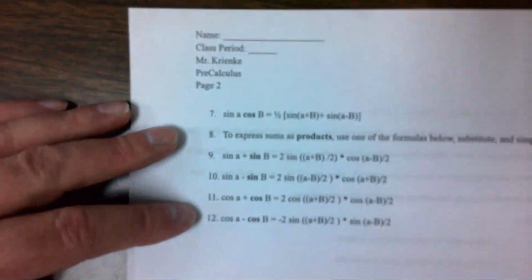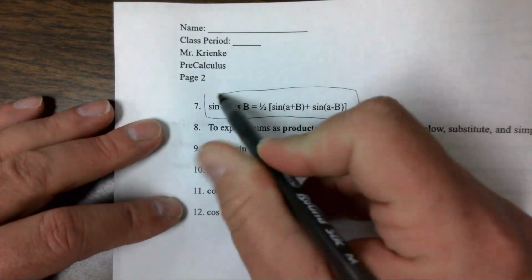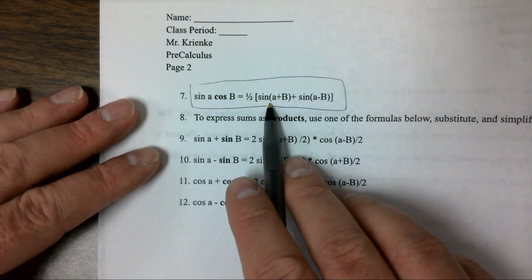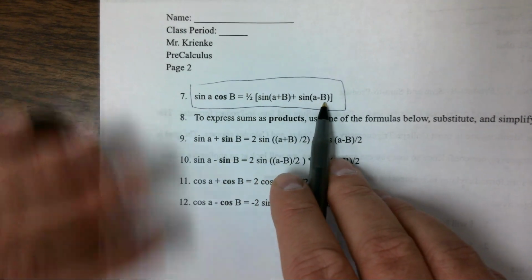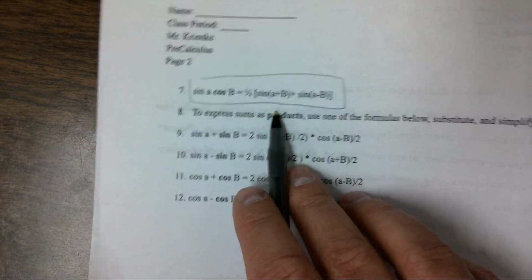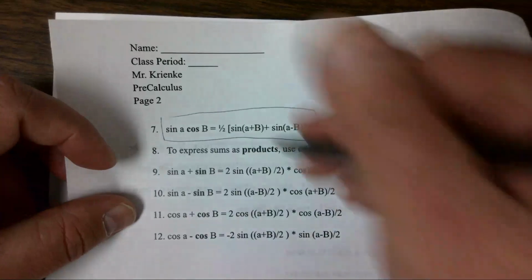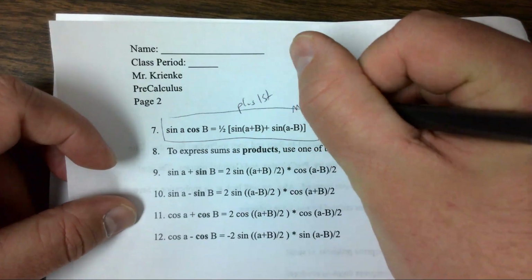Your third is if you have sine times cosine, then your formula is a half sine A plus B plus sine A minus B. Now, on that one, you do your plus first and minus second.